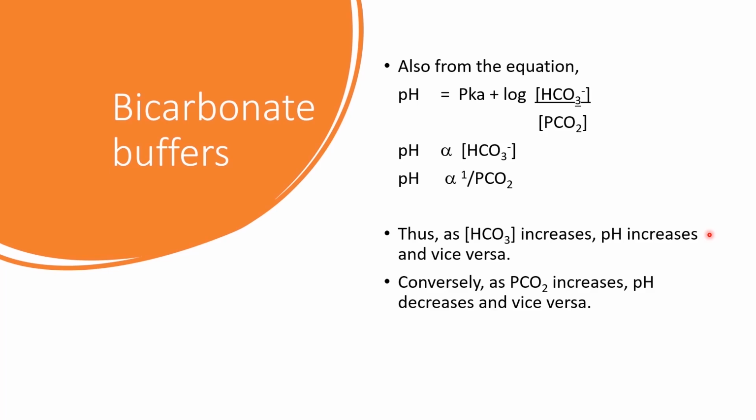So the higher the partial pressure of carbon dioxide, the lower the pH, and vice versa. The lower the partial pressure of carbon dioxide, the higher the pH of the body. So this is also very important in terms of management of patients who have changes in their pH, for maintenance and management.